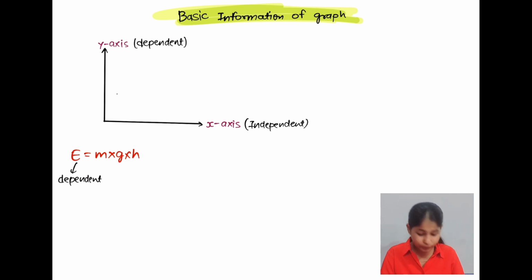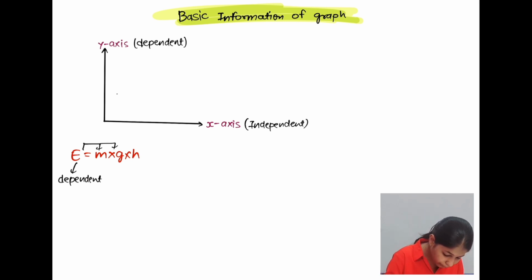Yes, of course, because it is totally dependent. If the value of height changes, if the value of gravitation changes, if the value of mass changes, this energy's value will automatically change. Okay?